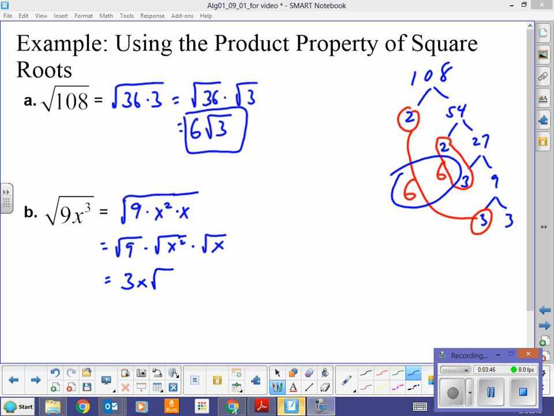And then this poor little guy has to stay living in that little house, whatever you want to call it. He doesn't have anything that he can use to get out of the house. He's not a perfect square, so he's stuck in the house. That's kind of a fun way to say it, but don't really think of it that way. I can't simplify him any more than the square root of x. Okay.